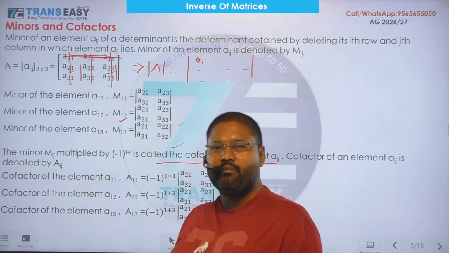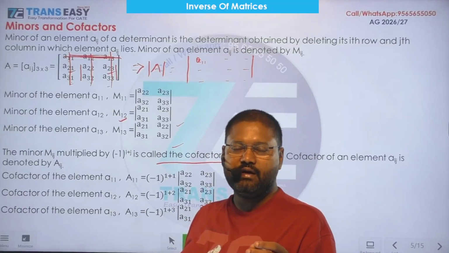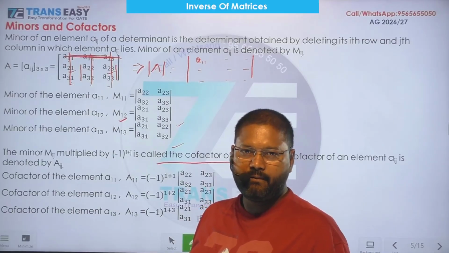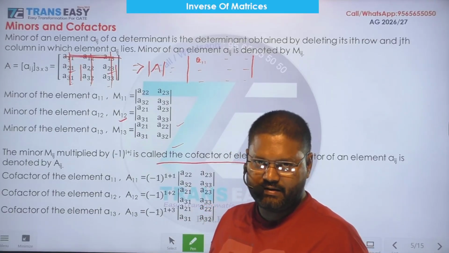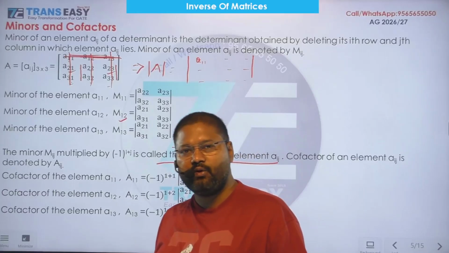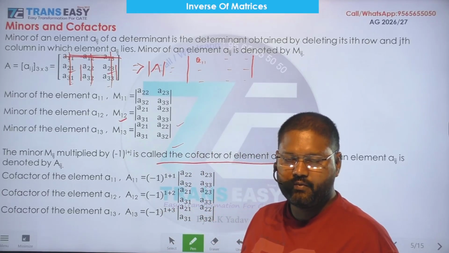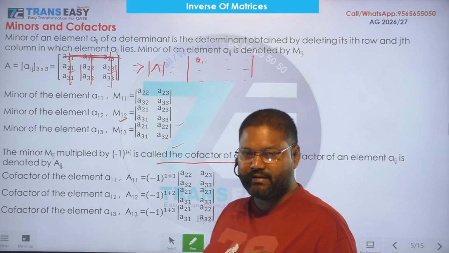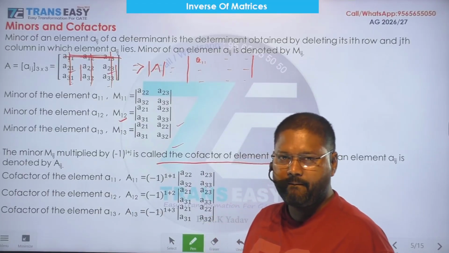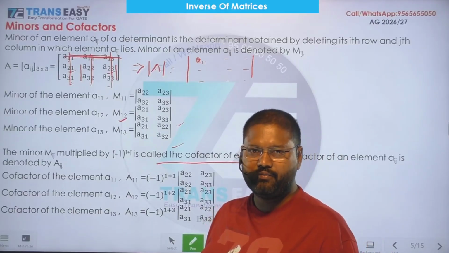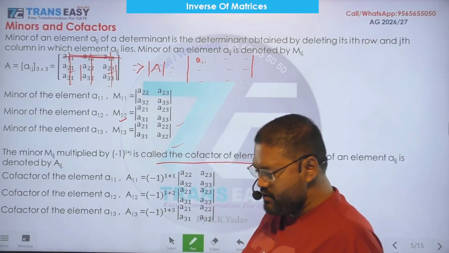Mij is the minor of the element aij of a determinant, right? Aij is the ith row and jth column element, right? And how to find its minor we know. Leaving elements passing through this element, right?